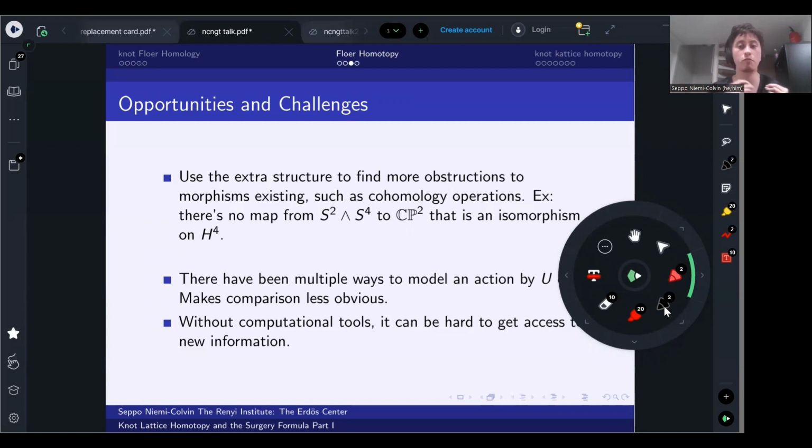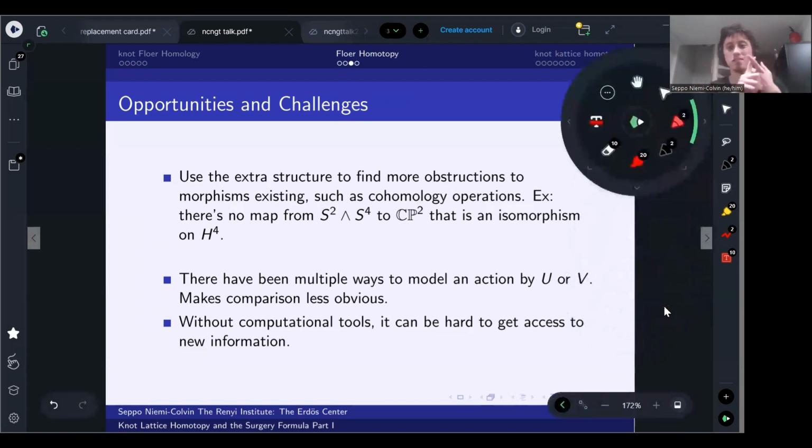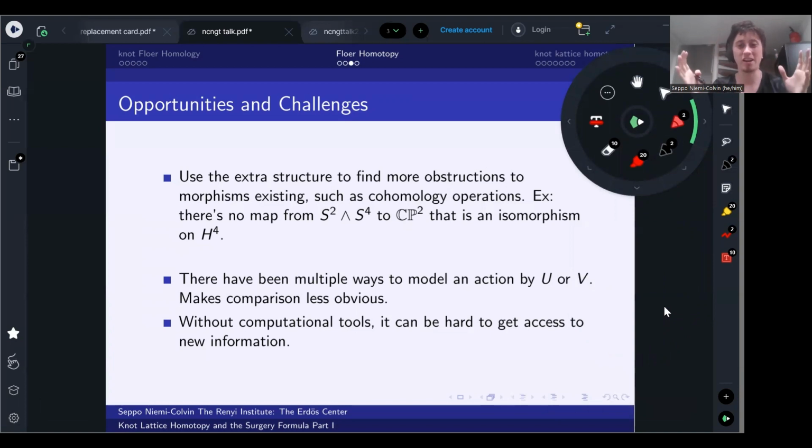And also, if we add all this extra structure but we don't have the computational tools to back that up, then we can't run the part that finds obstructions and then shows those obstructions actually matter. We can't run that second part of the theory.